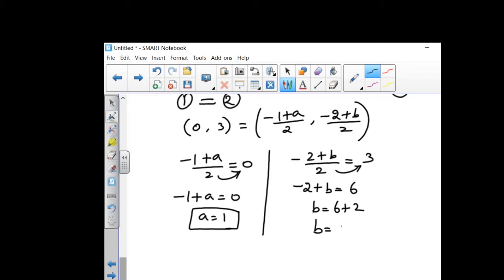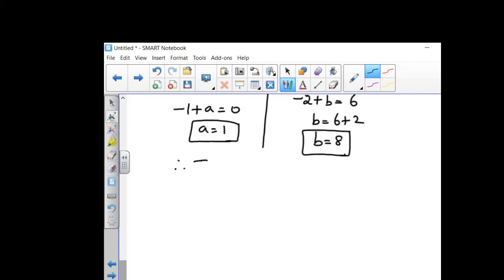So B is equal to 8. Therefore, the vertex D is 1, 8. Okay, this is your answer.